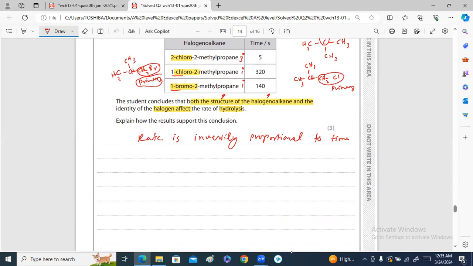You have to explain in terms of structure that 2-chloro-2-methylpropane is a tertiary halogenoalkane and shows a faster reaction than the rest of the two primary halogenoalkanes.